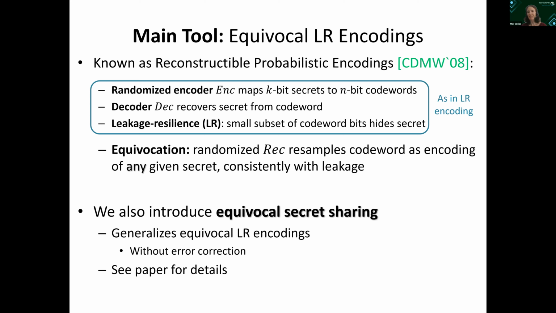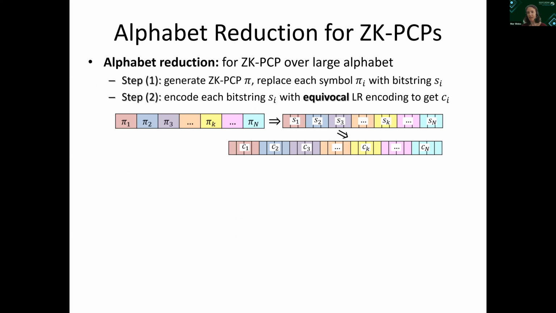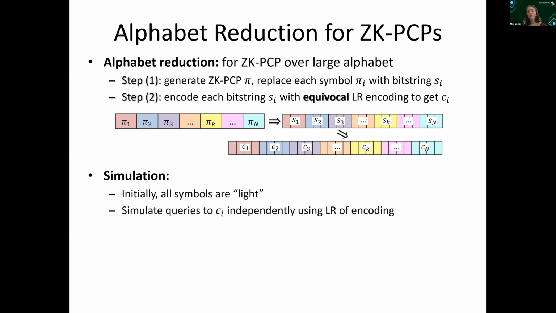So now equipped with these equivocal leakage resilient encodings, let's go back and finish the alphabet reduction. We're going to take the large symbols, replace them with bit strings, and encode the bit strings. But now we're going to use an equivocal leakage resilient encoding. And this lets the simulation go through. And why is that? It's because when we start out, we think of all the symbols as being light, and we simulate queries using the leakage resilience of the encoding.